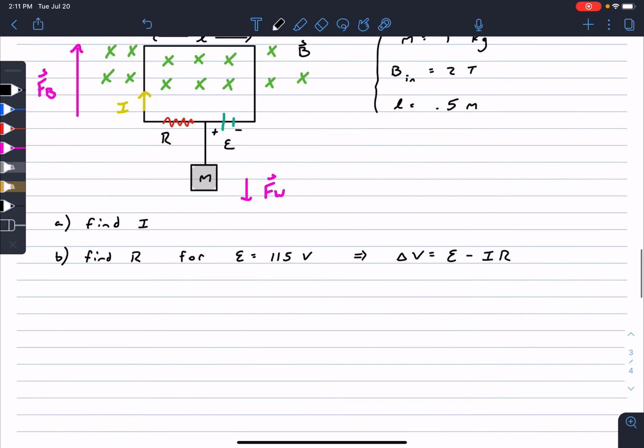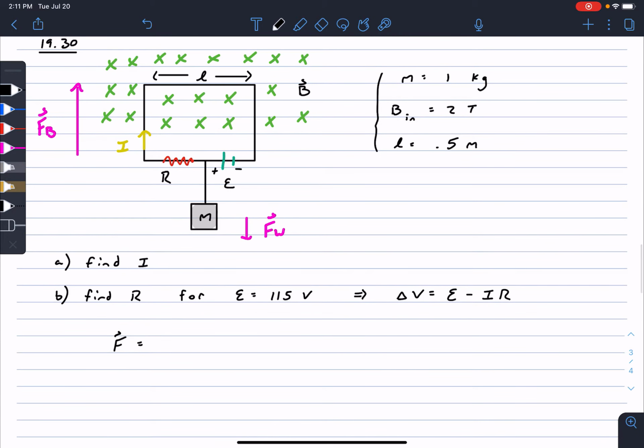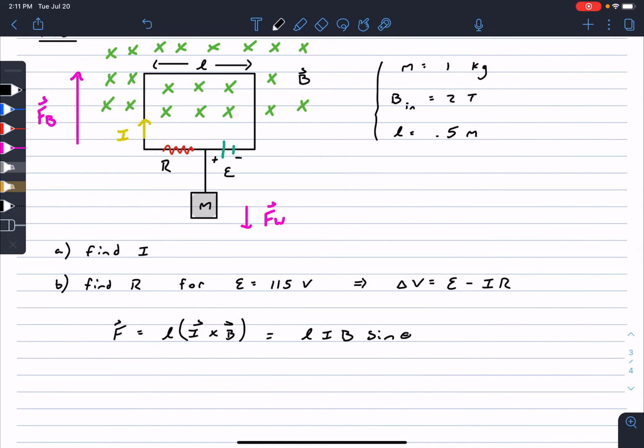right? And so we actually have a force law. Let's see, what was it? L I cross B. And if you don't recognize the cross product, it's L I B sine theta, which is something we actually have in the summary.